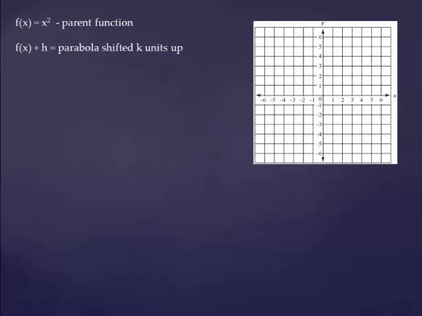Okay, if I add after the fact, so let's say f of x is equal to x squared plus 4, I'm moving 4 units up. So again, I'll graph my parent function. And then I move 4 units up. So we have the same basic shape, we just shifted up 4 units.